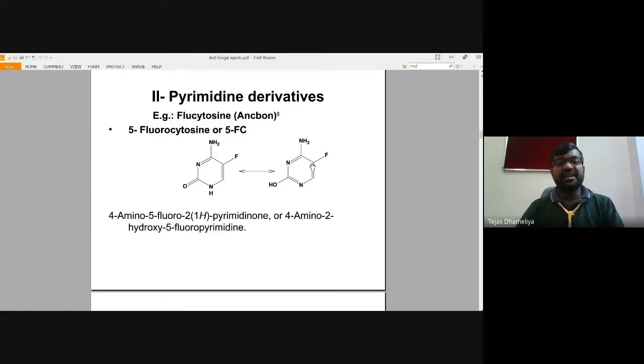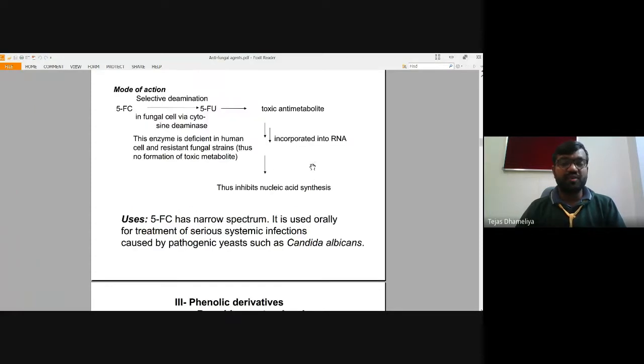Now, another point, the mode of action. 5-fluorocytosine is metabolized through enzymatic processes, selective deamination via the cytosine deaminase enzyme, to 5-fluorouracil. That 5-fluorouracil is incorporated into RNA, inhibiting RNA synthesis. 5-fluorouracil, converted from 5-fluorocytosine, is converted into uridine monophosphate, diphosphate, and triphosphate.